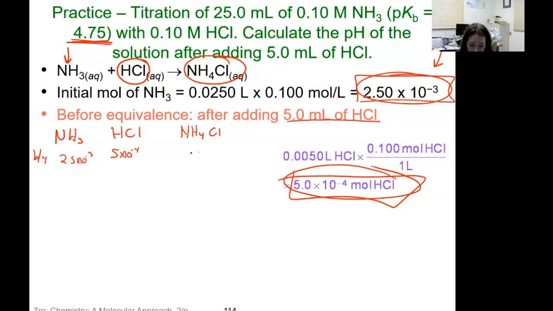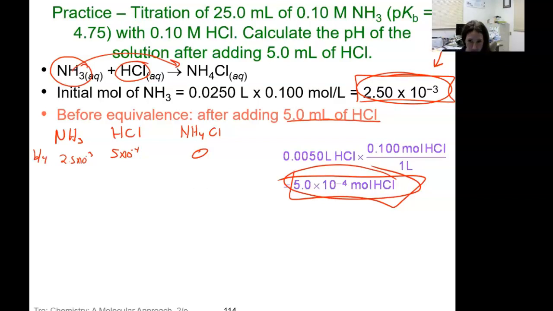And we don't have any of this, right? So now, Le Chatelier's. Our acid is going to react with our base to make more of our salt.